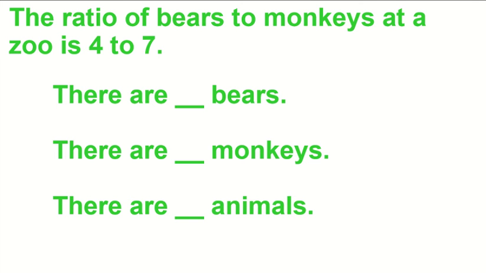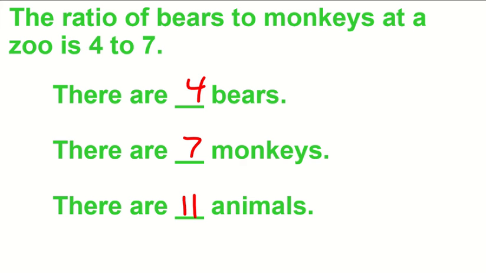So we go to the zoo, ratio of bears to monkeys is 4:7. Based on that ratio, how many bears are there? 4. How many monkeys? How many animals?